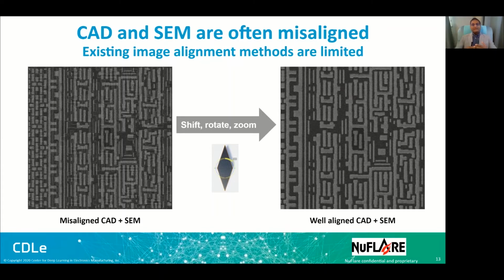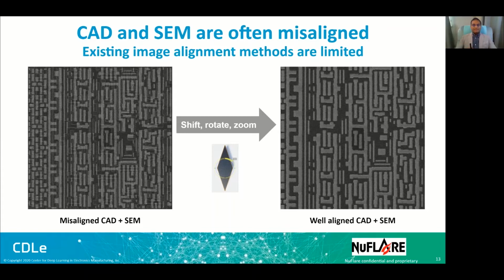Once the CAD is aligned to SEM by shift, rotation, and zoom in or zoom out, you see on the right-hand side a completely aligned CAD and SEM image. You see a 3D-looking solid impression. There is no blurriness. This is what we want.